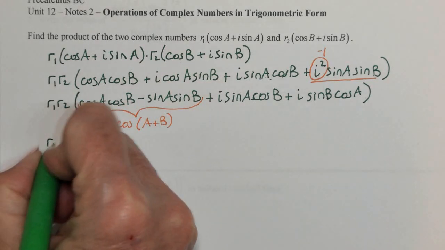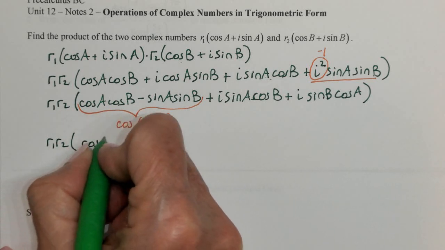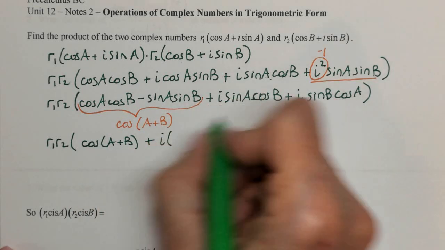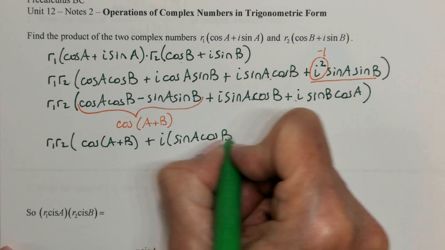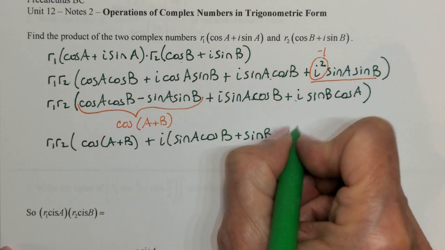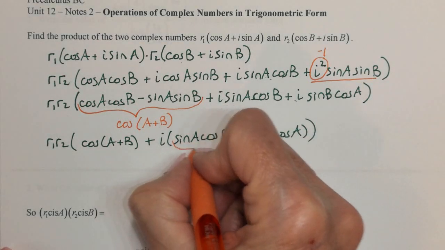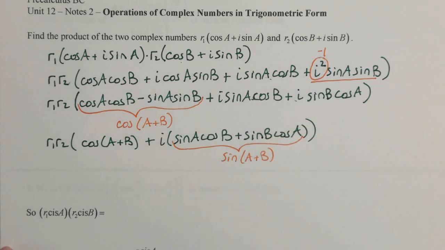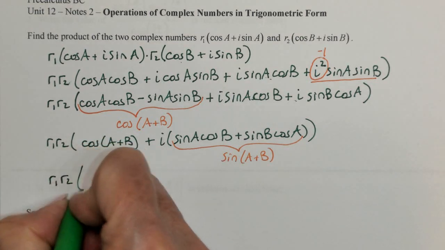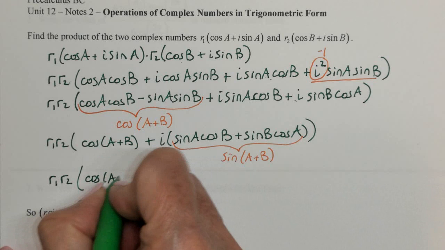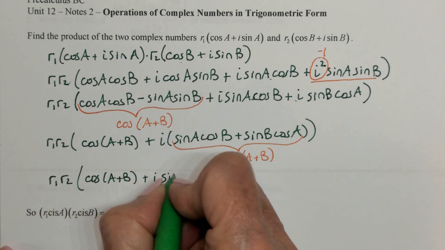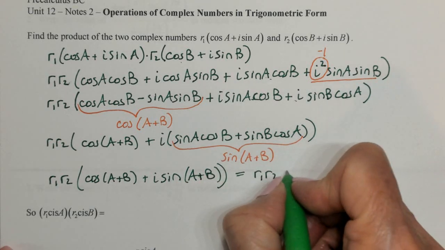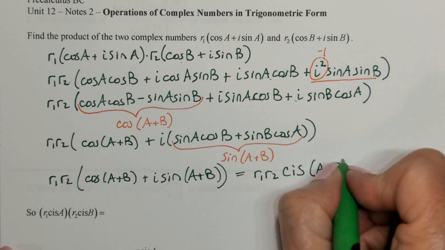So right now I have r1 r2 times cosine of A plus B plus, I'm going to factor an i out, and then I have sine A cosine B plus sine B cosine A. And hopefully that looks familiar to you, because that is sine of A plus B. So we have r1 r2 times cosine of A plus B plus i sine of A plus B, which is r1 r2 cis A plus B.